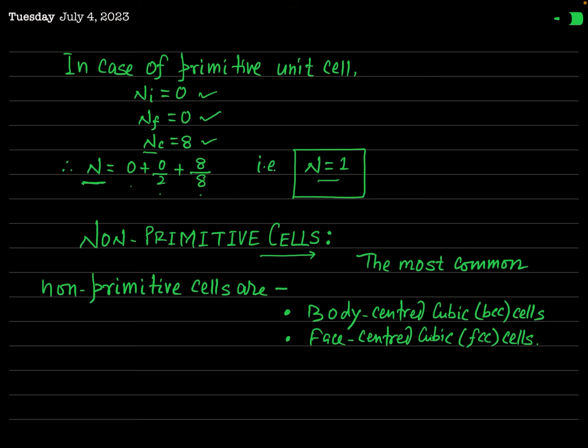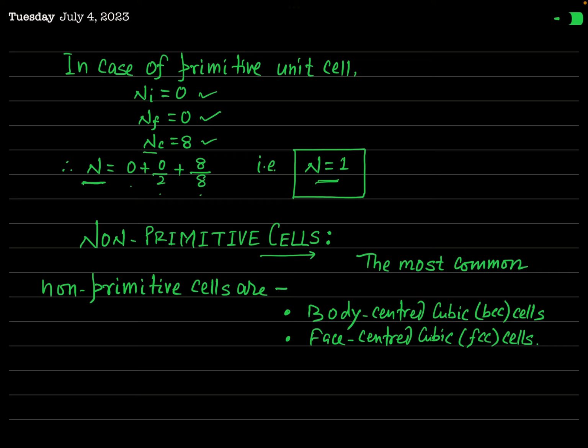So the number of lattice points in a primitive unit cell in case of the space lattice is simply equal to 1. This is a most common and important figure. You must remember it because it will be very important for your objective type questions. Okay.